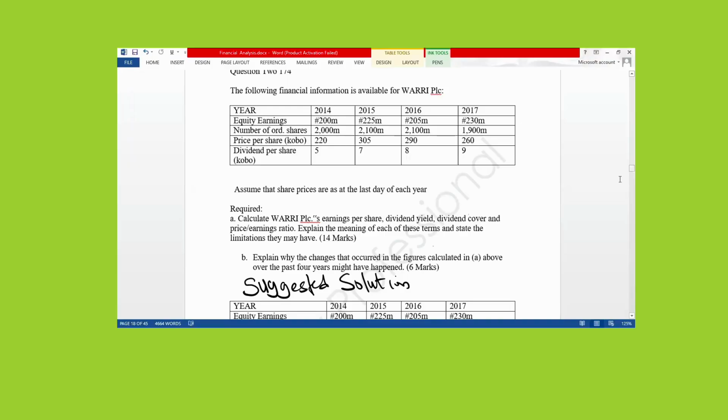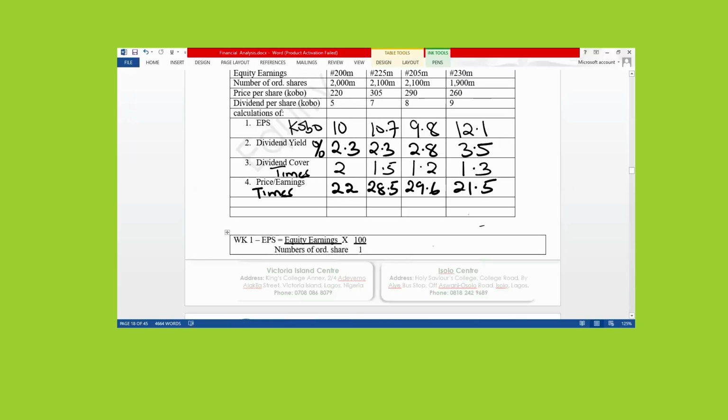All right. Financial ratio analysis. I should be going to the next topic.